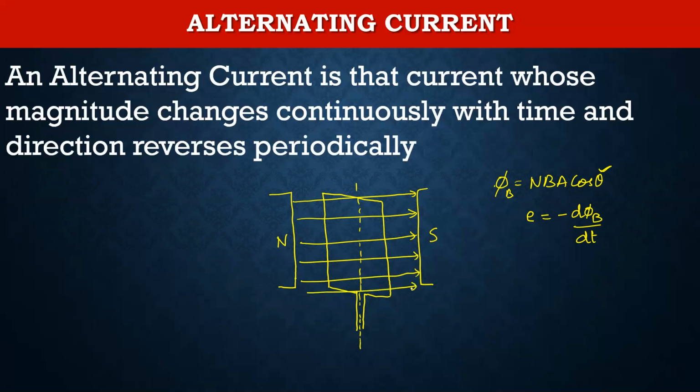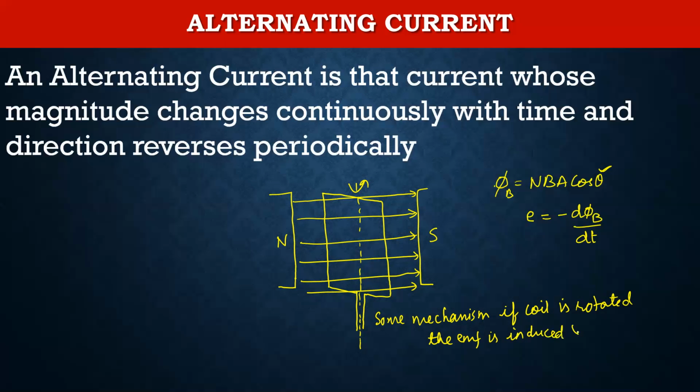Now what we had observed is that when this coil is rotated by some mechanism, EMF is induced, and hence we get induced current.